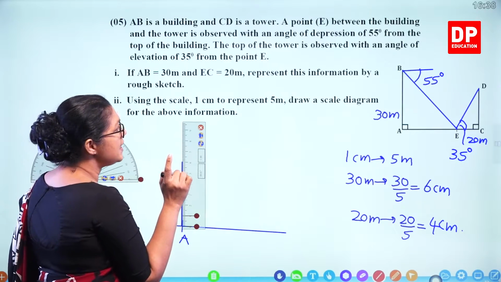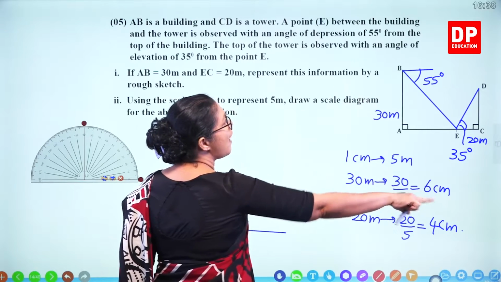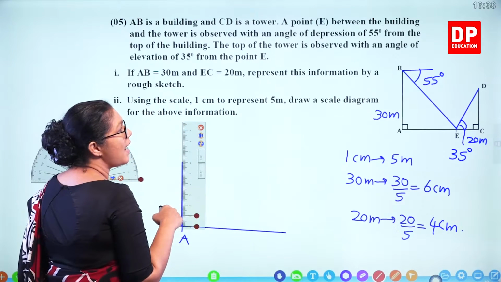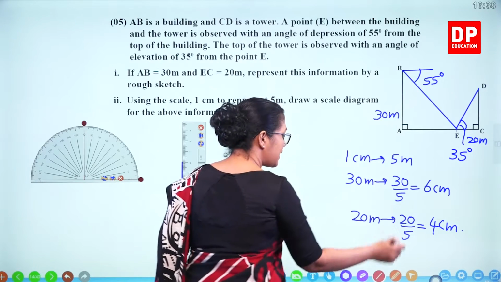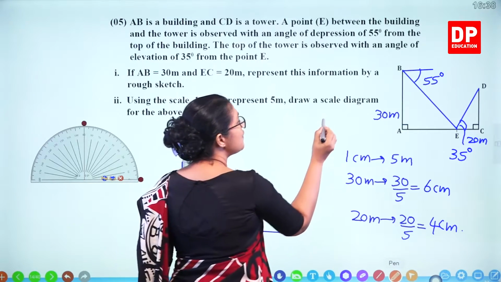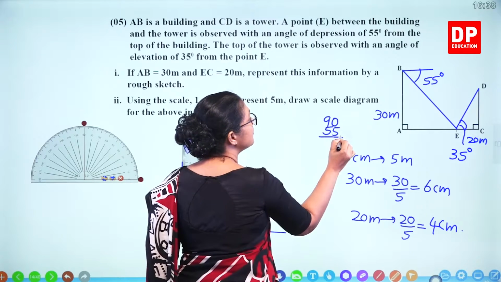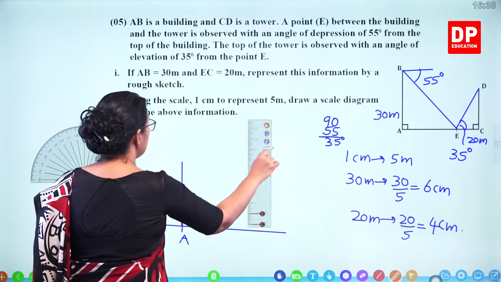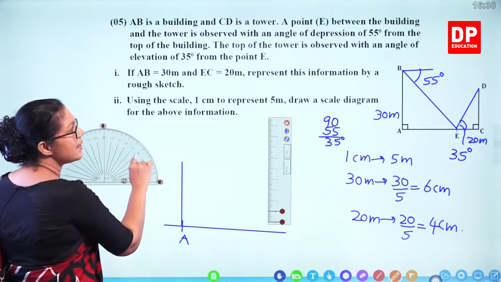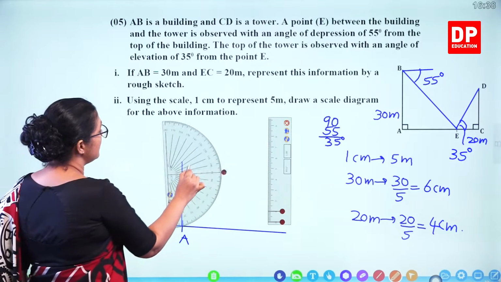Then we need the 55-degree angle. If this is 55, what is this angle? 90 minus 55, you get 35. So if we can measure a 35-degree angle here, we can mark the other length.